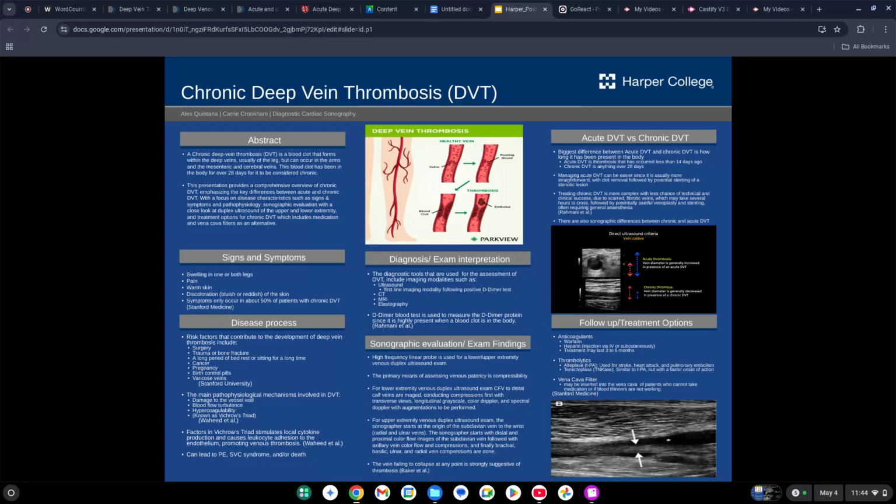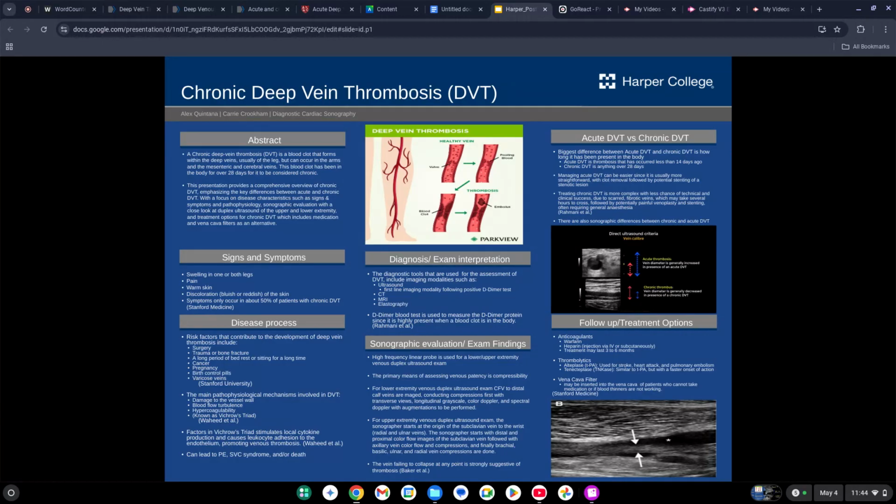So let's look at the lower extremity venous duplex ultrasound. When doing the lower extremity duplex, you're going to start from the CFV to the distal calf veins. Those are imaged, conducting compressions first with transverse views.